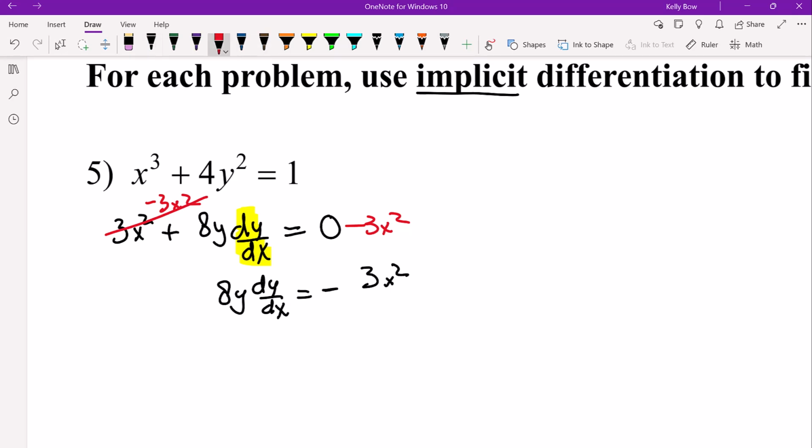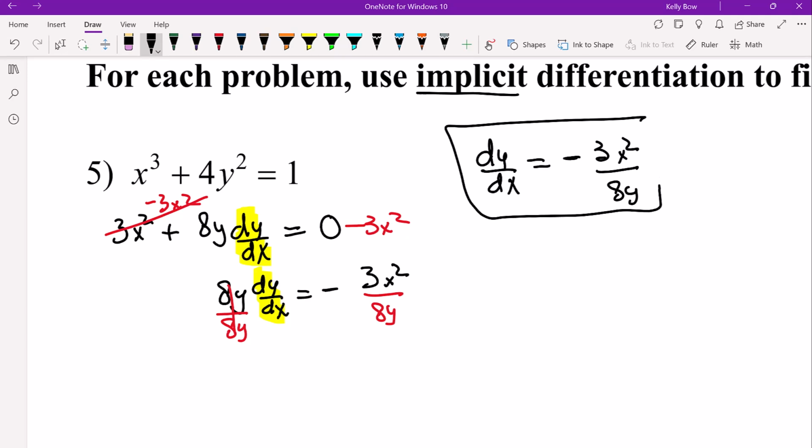And now, to get the dy dx by itself, we can just divide both sides by 8y. So this is what we have. Our dy dx is equal to negative 3x squared over 8y.